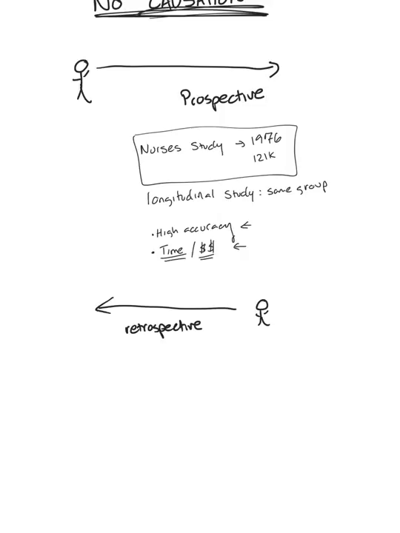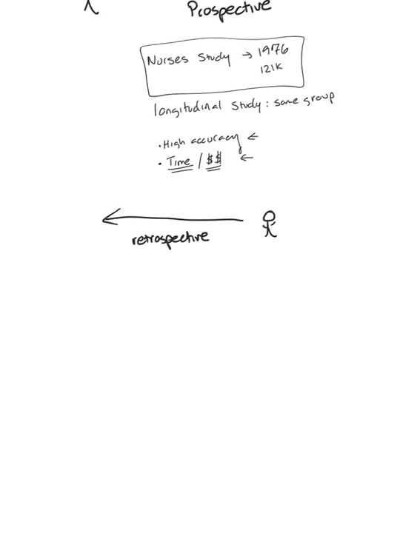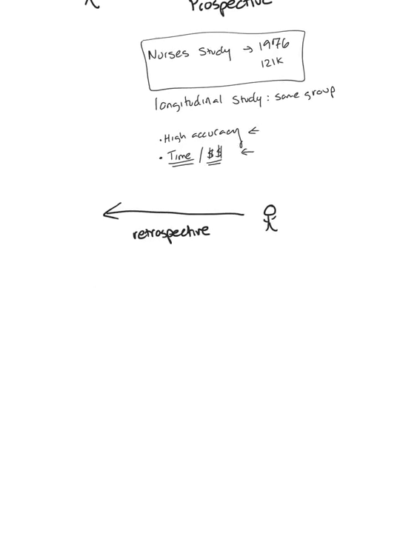So retrospective looks, once again, towards the past. A good example of this would be studies that happened in the late 2000s, early 2010s, which looked at whether or not breastfeeding was related to the IQ of a child. So, breastfeeding and IQ.